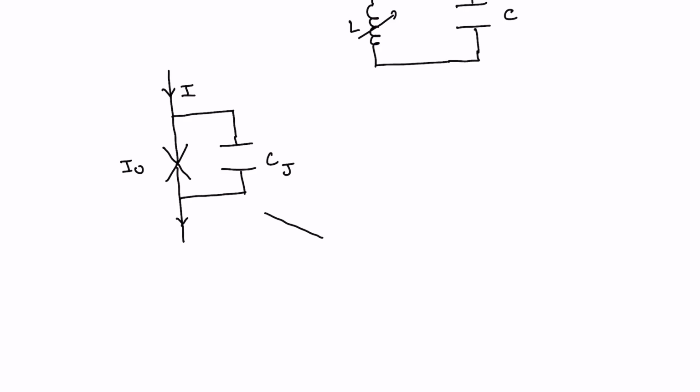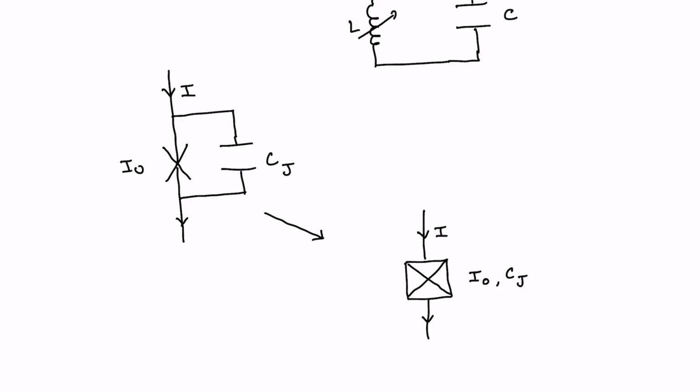However, more frequently the symbol that is used is of this type. You have this box here with this double cross, this is the symbol for the Josephson junction, and the fact that it has an intrinsic capacitance Cj is also there, and this is the symbol that is used most frequently for the Josephson junction.